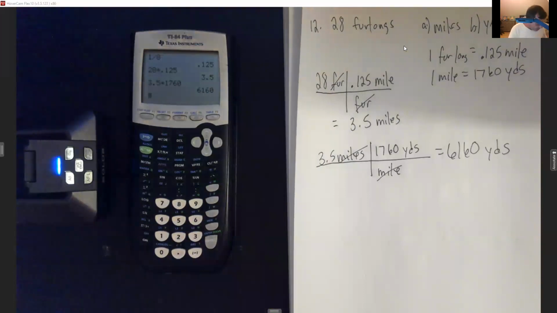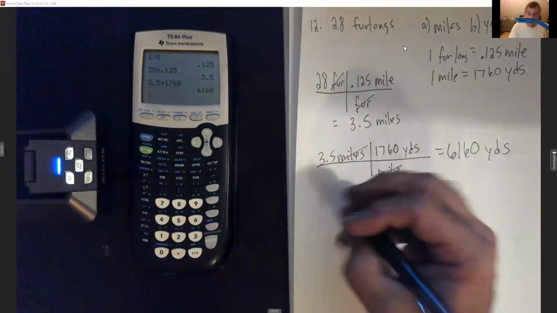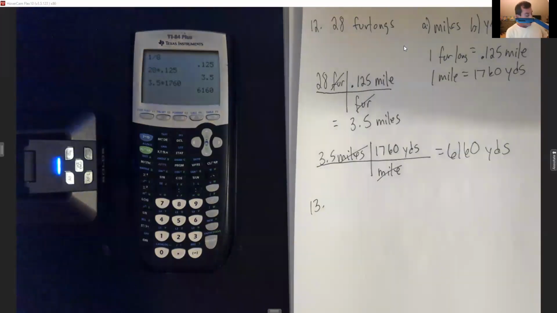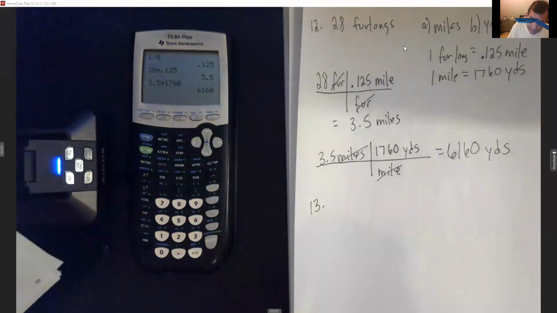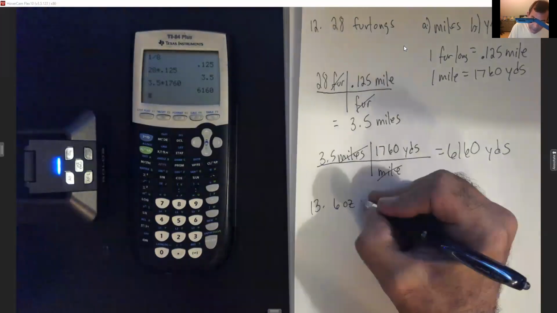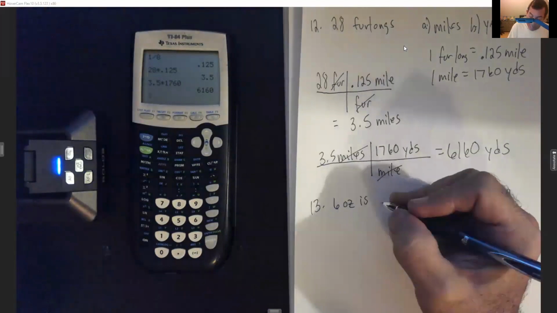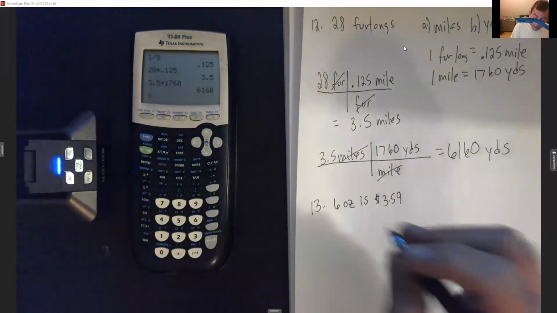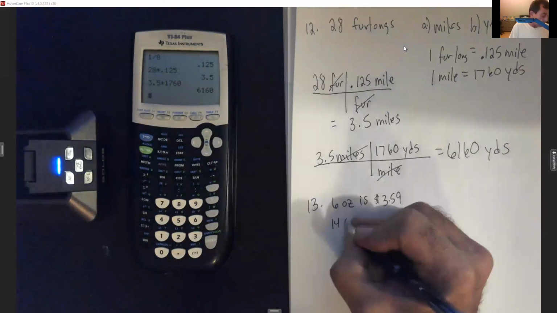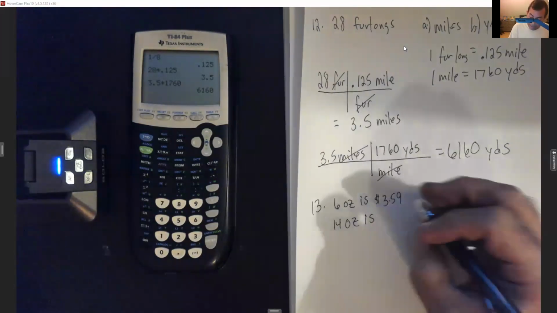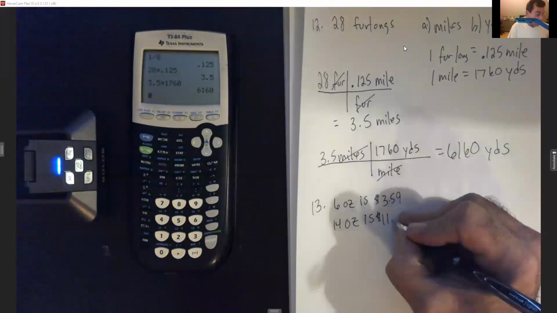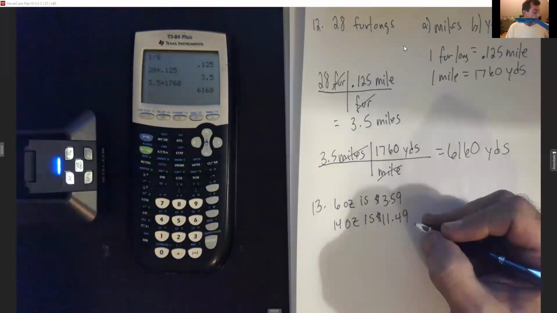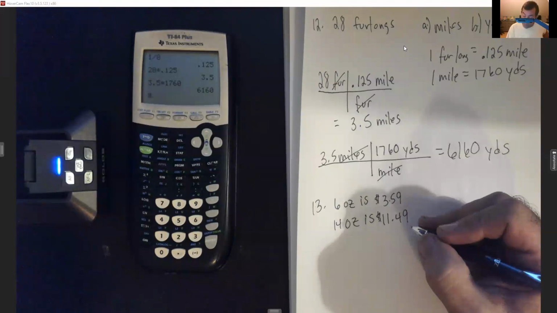Okay, so let's see, what we got next? Okay, 13 is one of those where you got to figure out the prices better. So I can buy a 6-ounce bottle of shampoo for $3.59, or a 14-ounce bottle for $11.49.